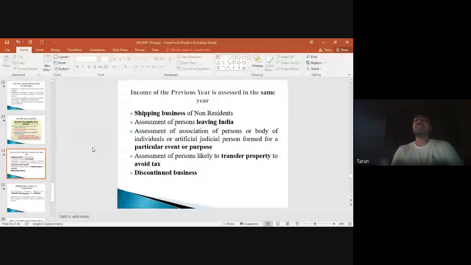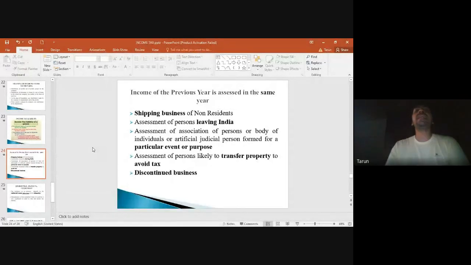That means if you are calculating the income in 2023, whatever they have earned during all the previous years will be counted to estimate the tax on that income, earned by the association of persons, body of individuals, or artificial juridical person formed for some particular purpose or event. So if something has been formed for some specific purpose, then their income will be taxable, right?